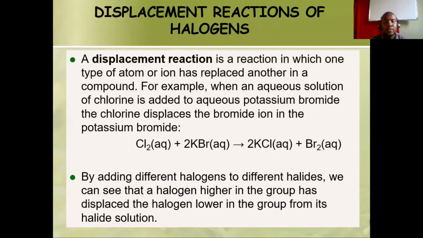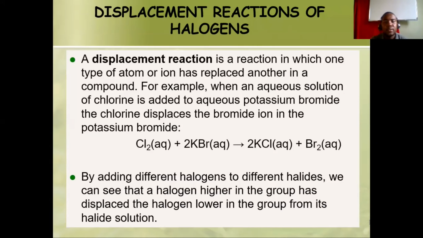Based on that, we should note their displacement: if we have chlorine and bromine in a reaction, chlorine will displace bromine, but bromine cannot displace chlorine because it's less reactive. If you look at this example, chlorine is going to react with KBr, so K goes with Cl and Br goes by itself.